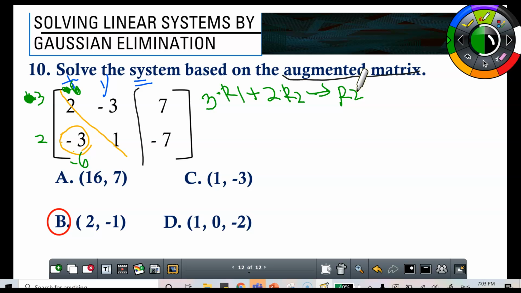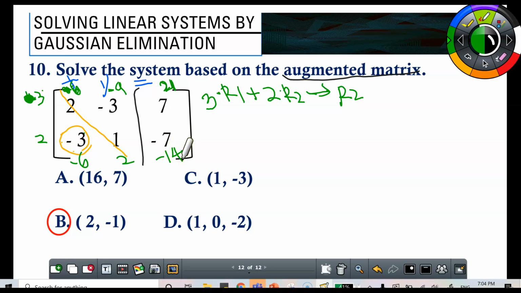Let's do it. 3 times first row. So 3 times 2 is 6. 3 times negative 3 is negative 9. 3 times 7 is 21. And 2 times second row. 2 times negative 3 is negative 6. 2 times 1 is 2. 2 times negative 7 is negative 14.